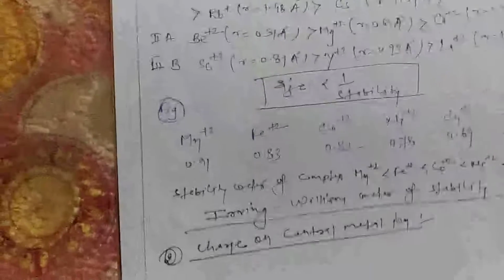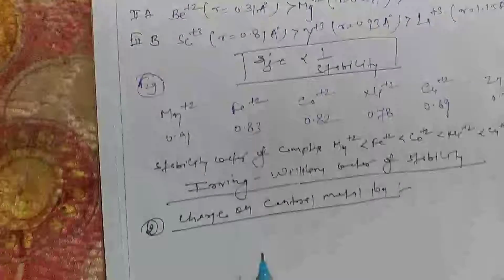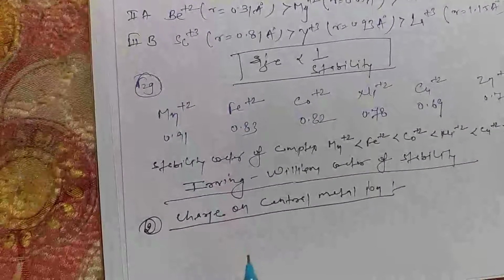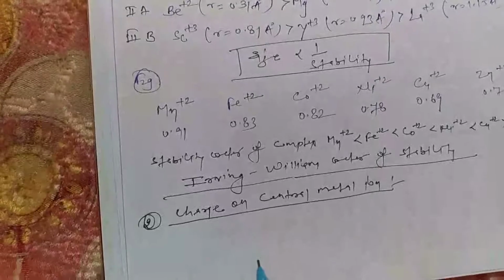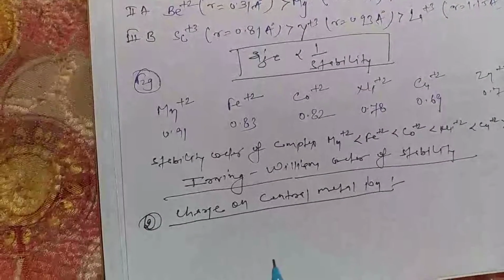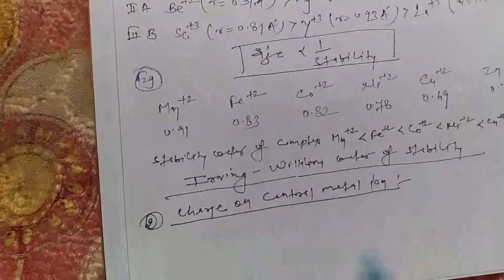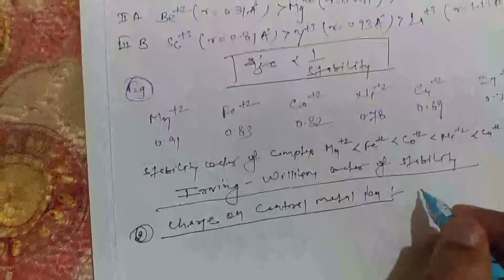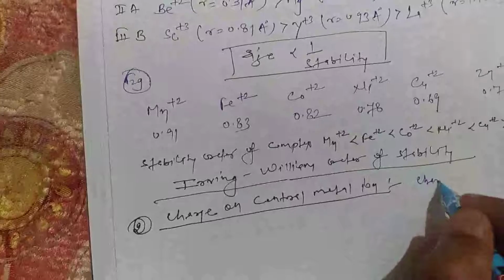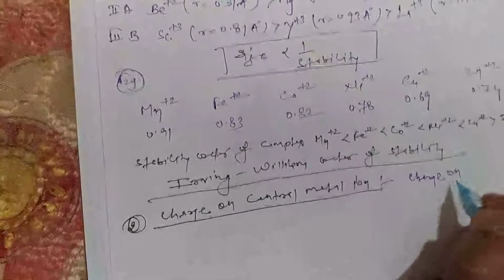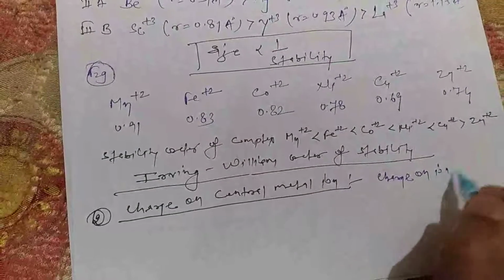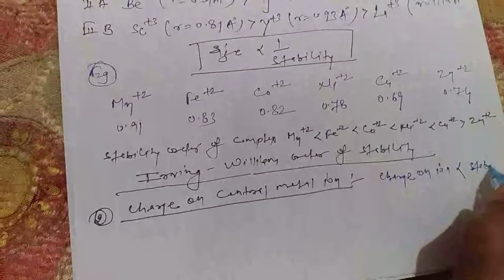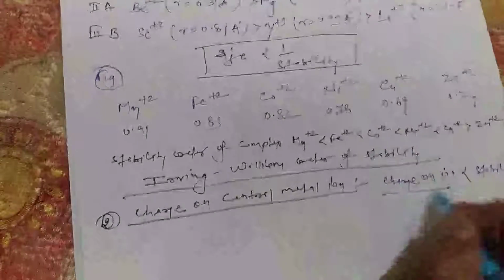So let's take an example. If the charge is higher, the stability is higher, so we can say that the charge on the ion is directly proportional to stability. Got it? This is simple.